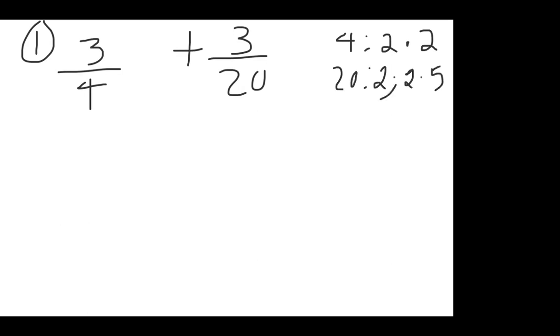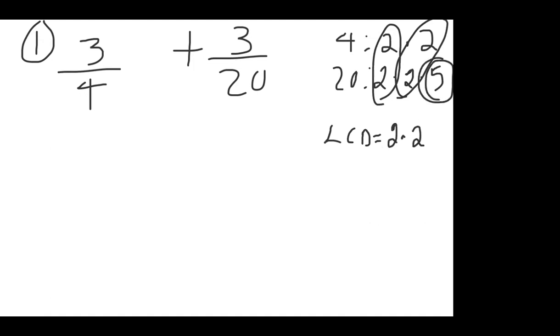So we want to circle the like factors. So the LCD consists of all the like factors and any remaining factor, in this case, the 5. So when you multiply them together, you get 20. So 20 is the LCD. So guys, the first fraction has a denominator of 4. To go from 4 to 20, you want to multiply this by 5.